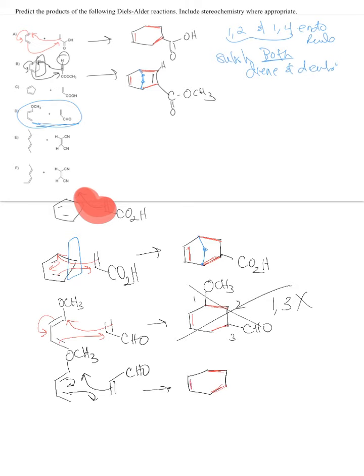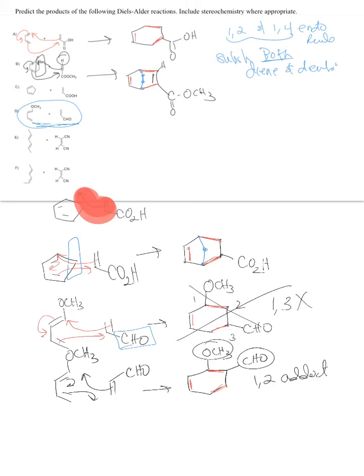Here's our new pi bond. We draw the O, CH3, and then you have the CHO. Now that's a 1, 2 adduct, and that is allowed. And it's because of this secondary interaction where the aldehyde is going to turn here.